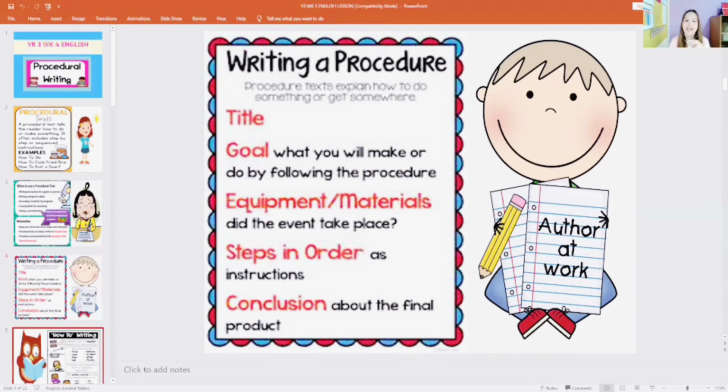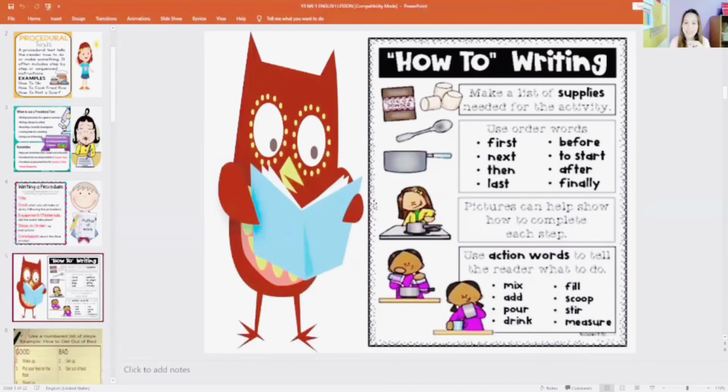Then, how-to writing is also noted here. Just like Mr. Owl, these are the helpful words that you can use when you write the steps. To put things in order, you can use the words first step, next step, then, and last step.